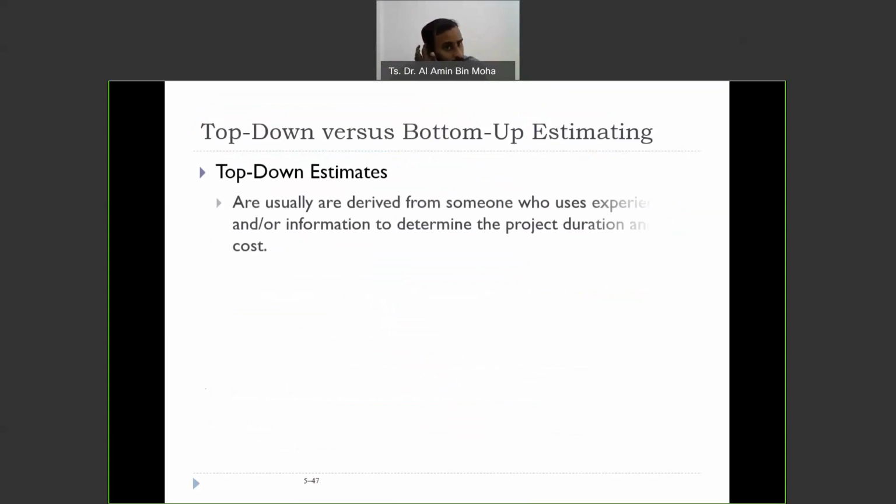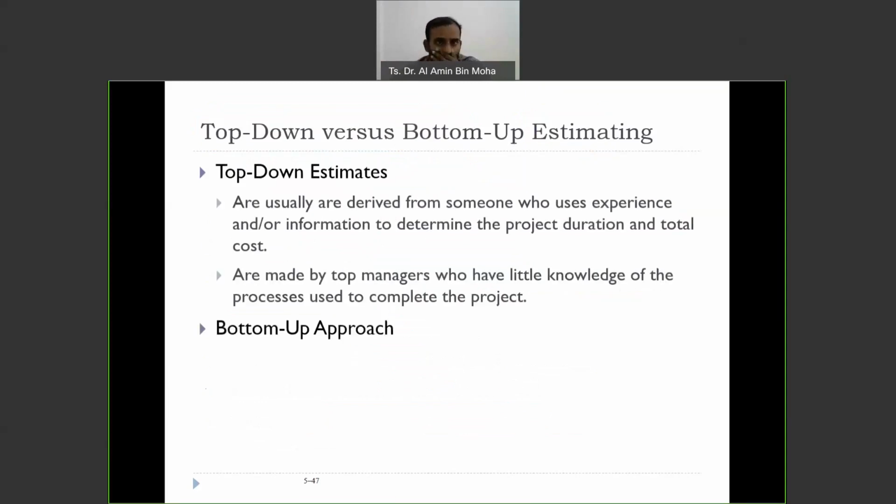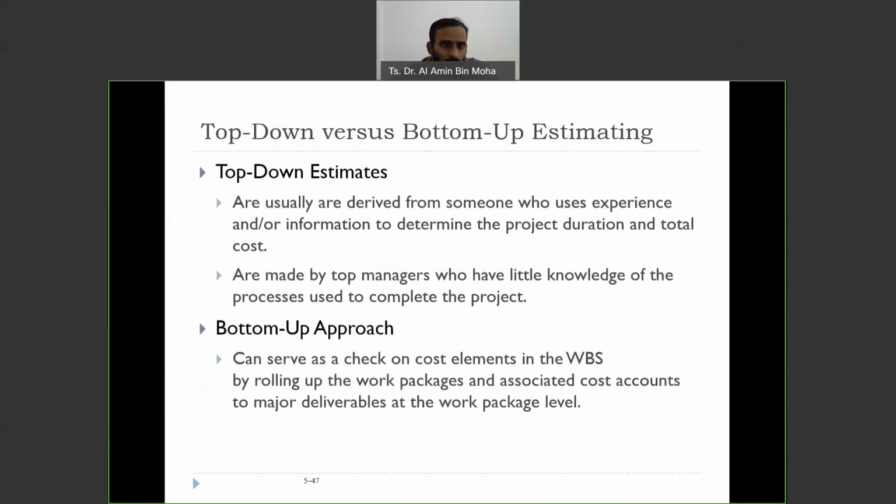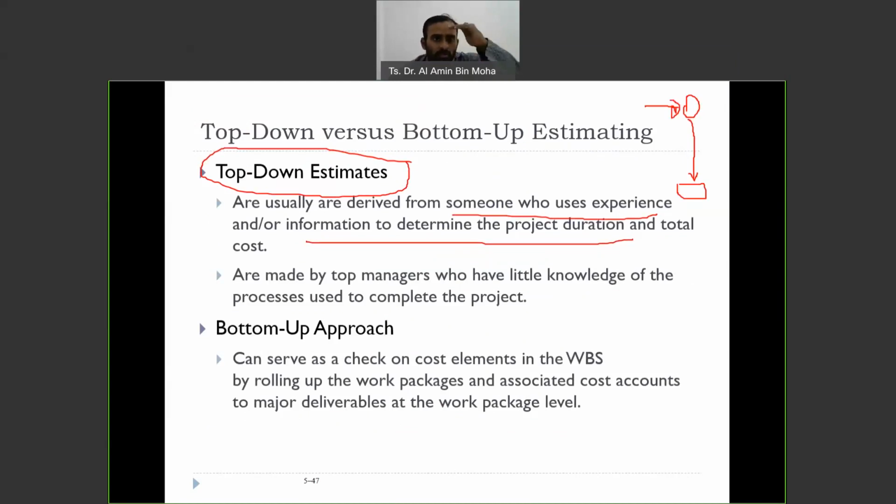So go back to top-down versus bottom-up. What is top-down? Usually derived from someone who uses experience or information to determine the project duration and total cost. As you can see, top-down, from the top it goes down. Usually this is from the bosses, the managers, made by top managers who have little knowledge of the processes used to complete the project.